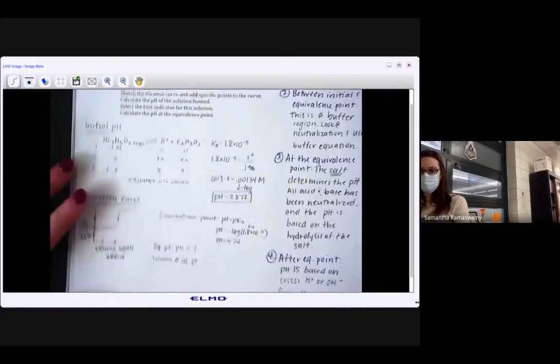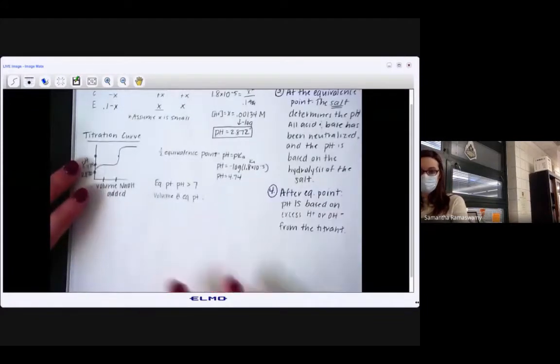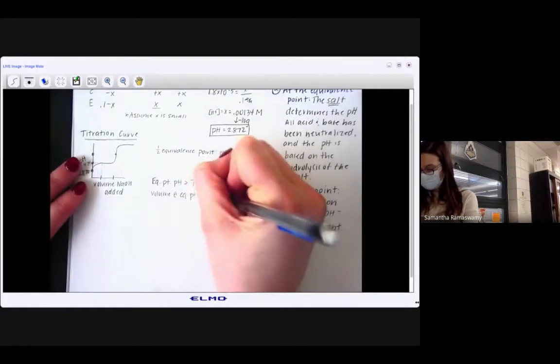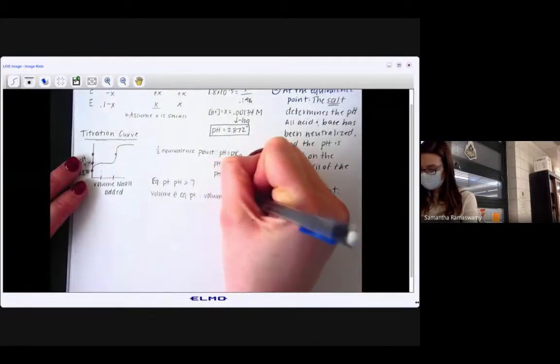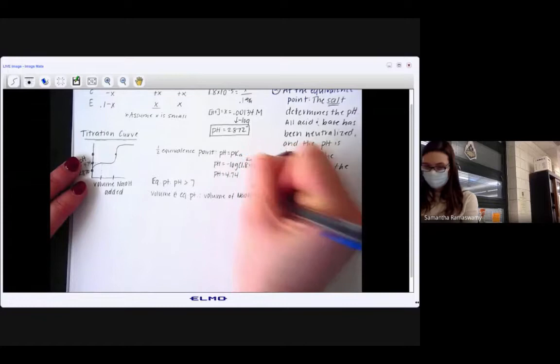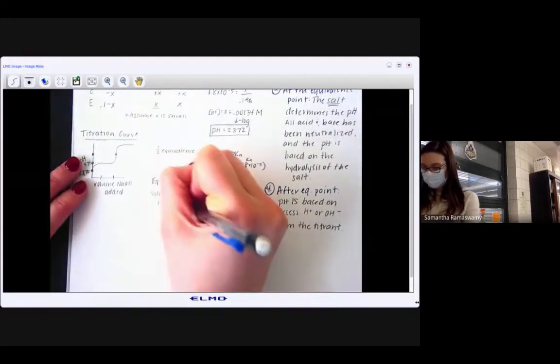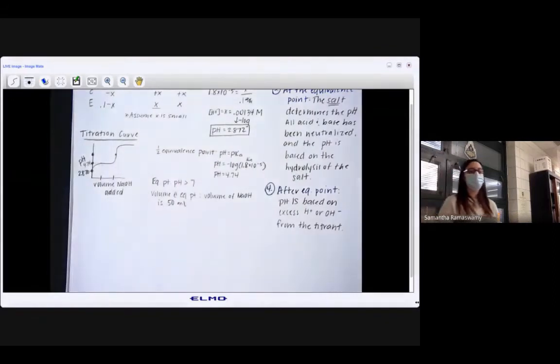But because they are both 0.1 molar, the volume of NaOH is 50 milliliters. The volume of NaOH needed at the equivalence point is 50 milliliters because since they are the same molarity and the same moles, because that's the definition of equivalence point, they have to be the same volume.